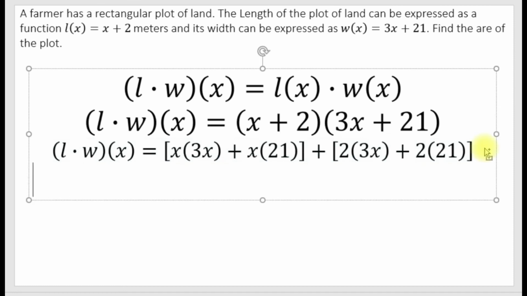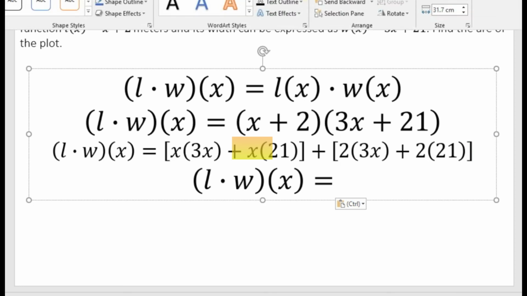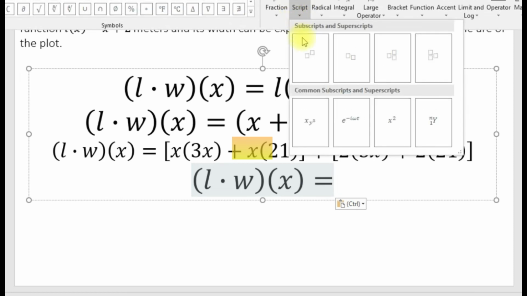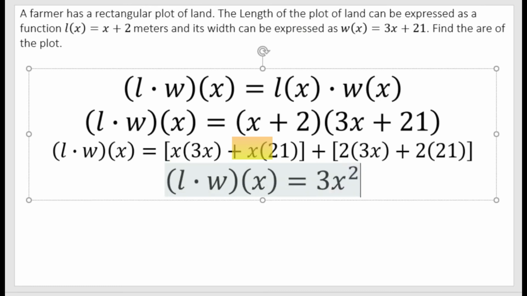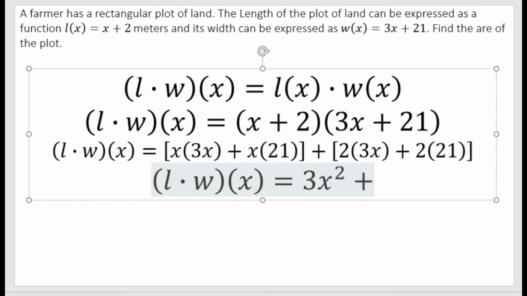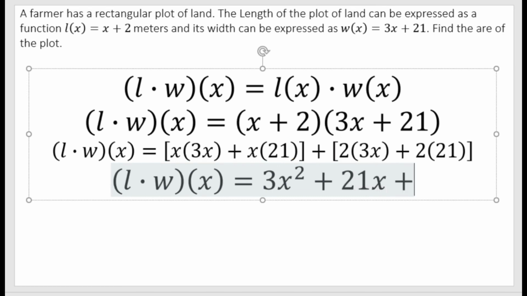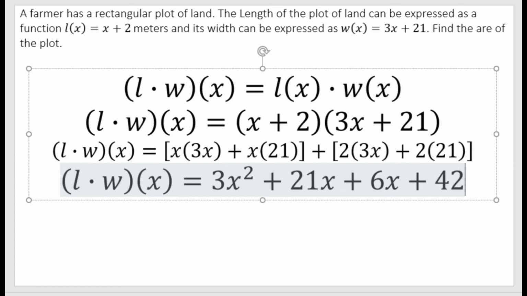Simplifying further, we'll have x times 3x, that is 3x squared, then plus x times 21 is 21x plus 2 times 3x, that's 6x plus 2 times 21 is 42.